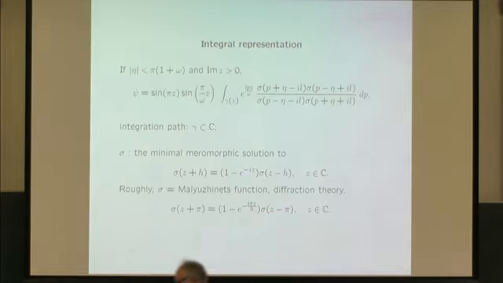This beautiful function was first found by a specialist in diffraction theory, Malyuzhinets, a Russian mathematician working on diffraction theory. He was studying scattering of waves on angles. You have a plane wave, it goes to an angle, there is a scattering, diffraction, and when describing the scattering and diffraction, he found this function.